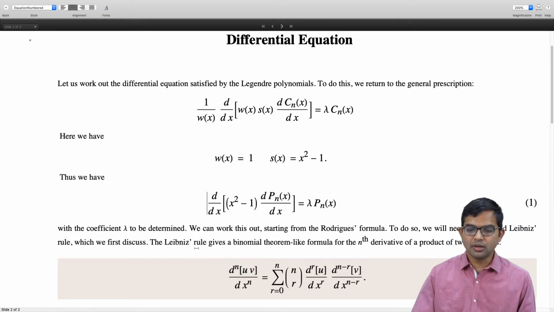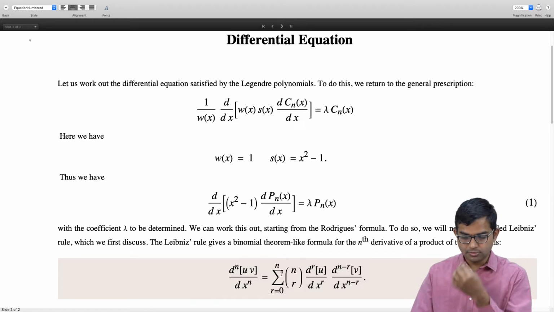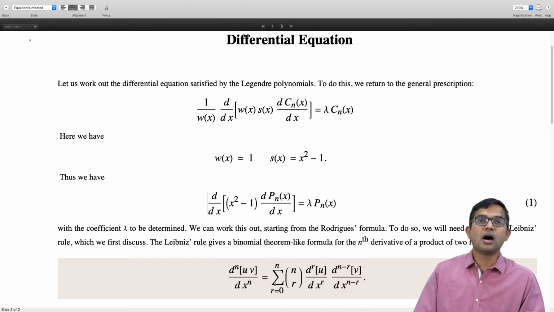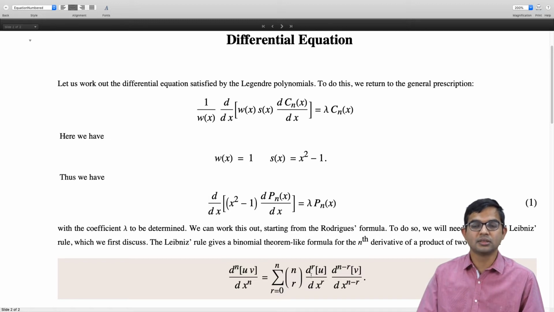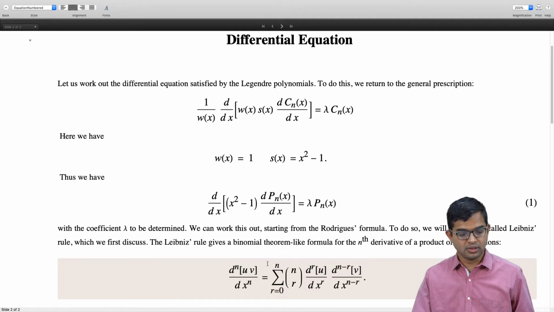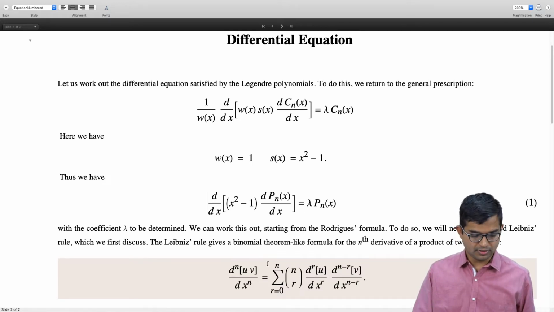If you want to take the nth derivative of a product, there is a binomial-like formula available. You have summation over r going from 0 to n, n choose r, the rth derivative of the first function u times the n minus rth derivative of the second function v with respect to x, right? This is in fact a direct consequence of the binomial theorem.